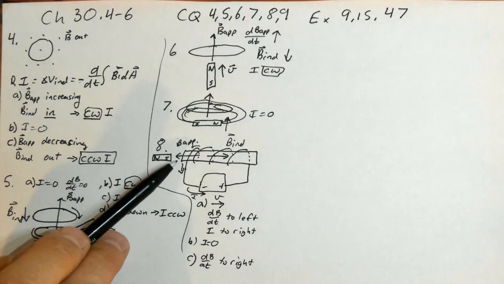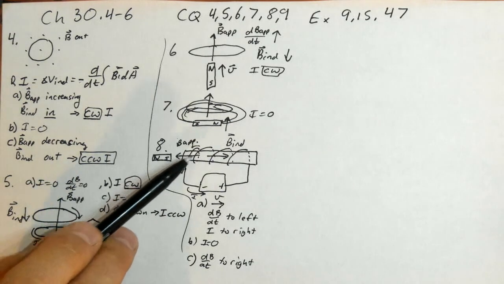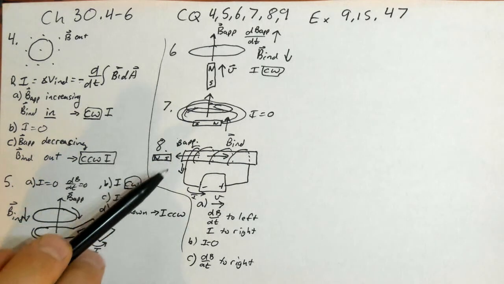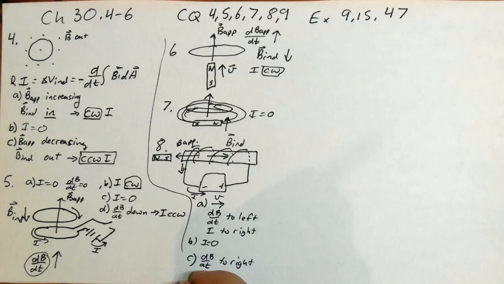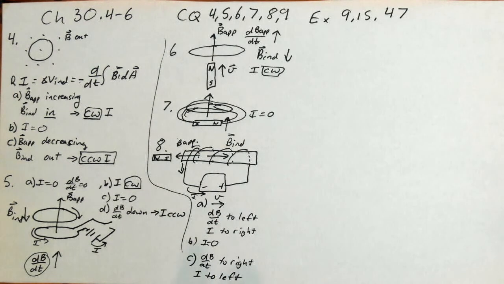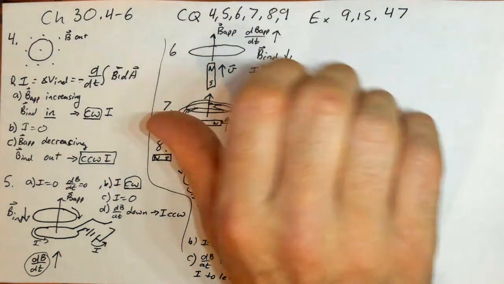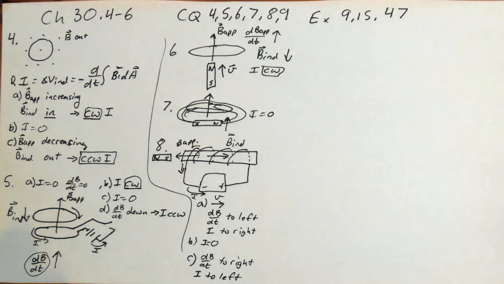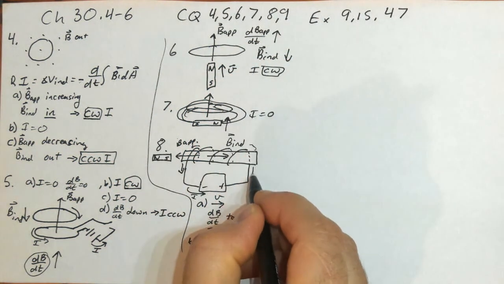We say don't get smaller; we want to keep it the same. So we want to add to the existing field, or oppose the change. And so that means we're going to have a current that would be to the left, because that's opposite what we needed before. We can show by the right-hand rule that we now need a B field that's to the left, so it's going to curl in at the top, and so it's going to go this way and down.